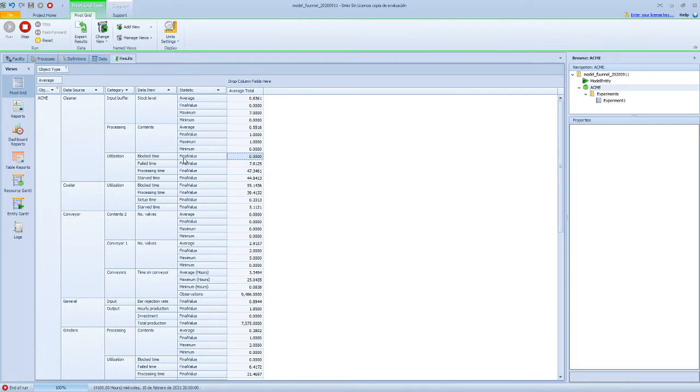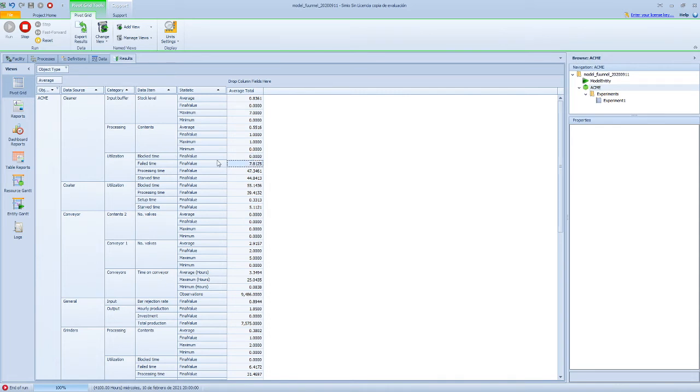Blocked means that it's finished doing whatever the process is supposed to do, and there's no room for the entities, for the parts to move on until the next process finishes. That is not the case for the cleaner because it's, as I said before, the last process of our system.